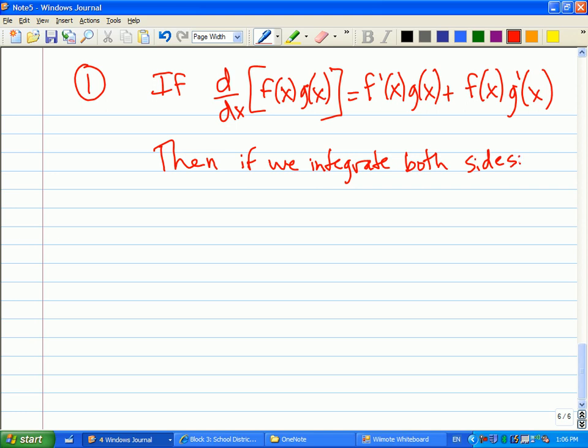So if we integrated both sides, the integral of a derivative, what's going to happen to that? Or maybe I should say the antiderivative of a derivative. It cancels out, right? So it's just going to be back to this. So we're going to have f of x, g of x. But these pieces, it's not as simple. I'm still going to have these pieces like this.